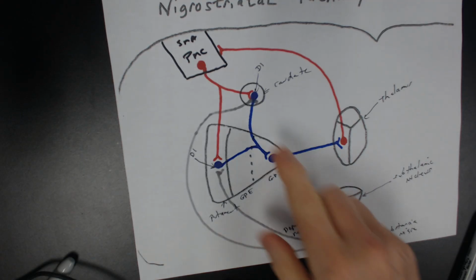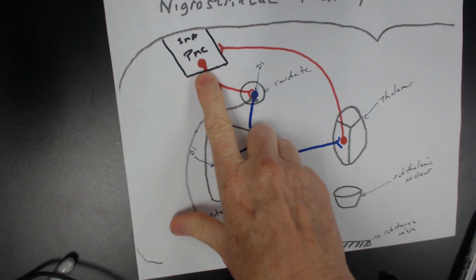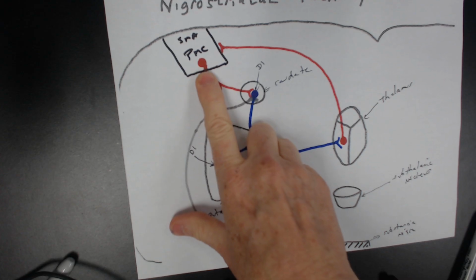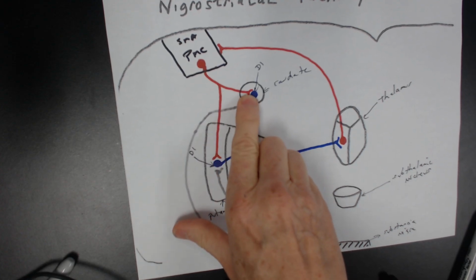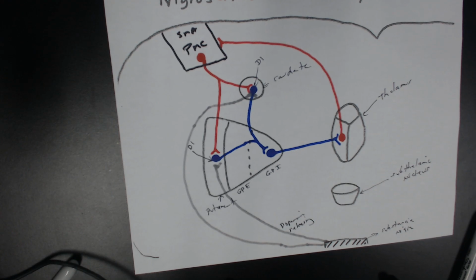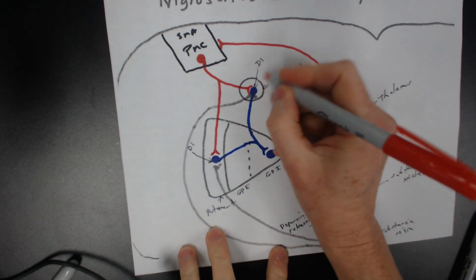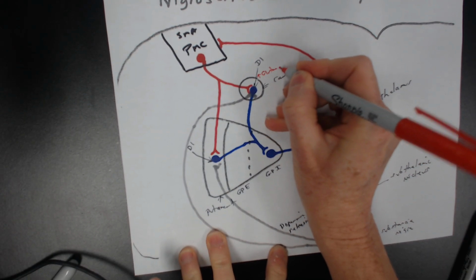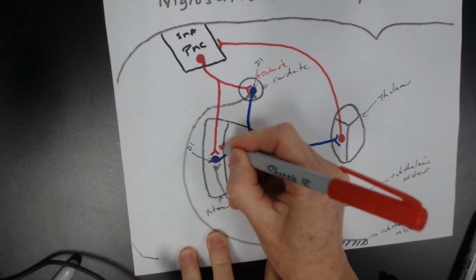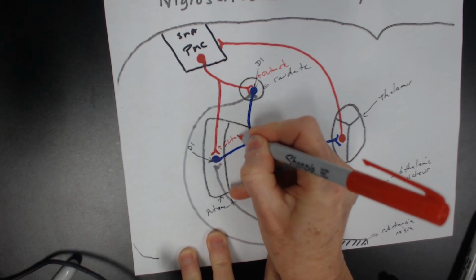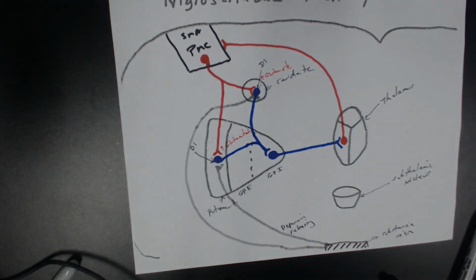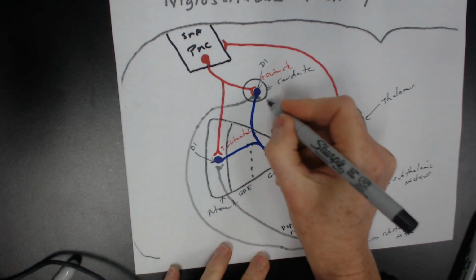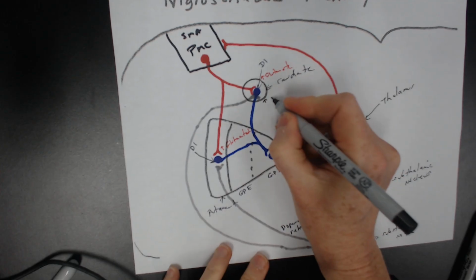This is a glutamatergic neuron, or glutamate releasing neuron. So coming down here, you're going to have an increase in glutamate, just by this. And you're also going to have an increase in dopamine, and that increase is going to be stimulatory.